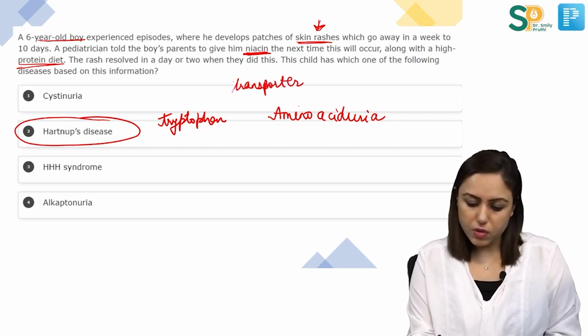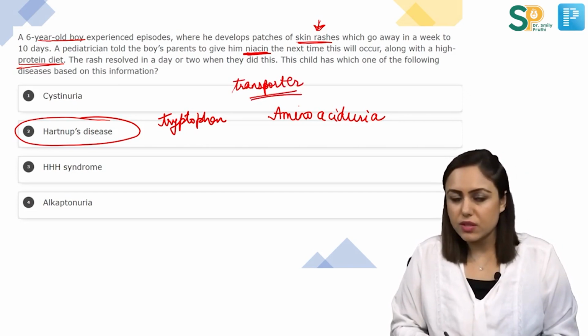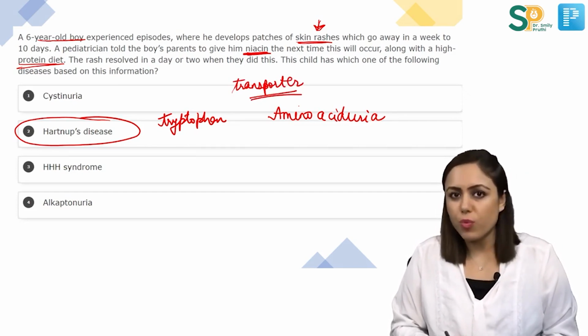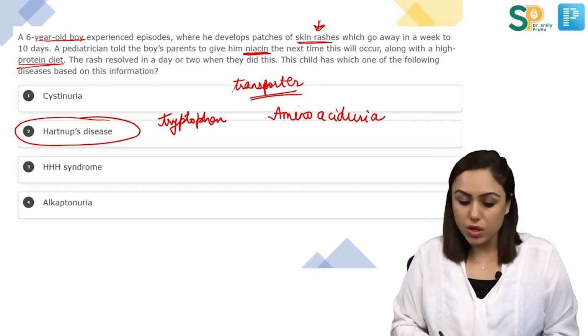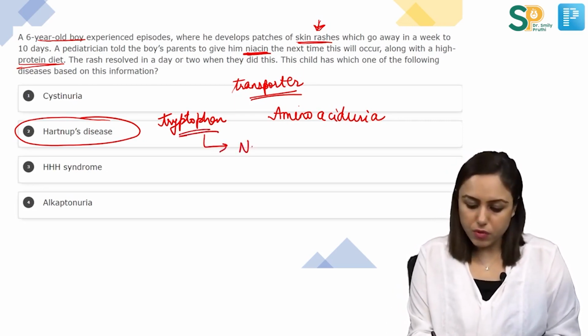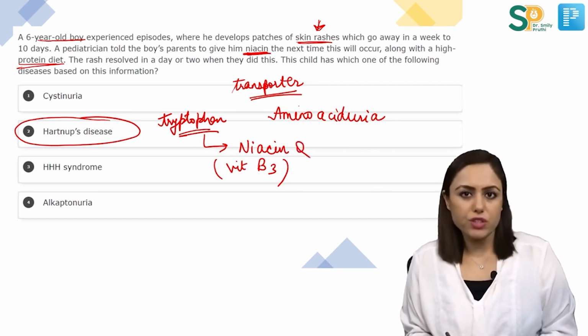There is a defect in the transporter which is present in the intestine as well as the kidneys. So from the intestine, these amino acids won't be absorbed in a proper way, and in the kidneys, they won't be reabsorbed. So these will be lost in urine, mainly tryptophan. Tryptophan helps in the formation of niacin, that is vitamin B3, which is also an atypical vitamin.